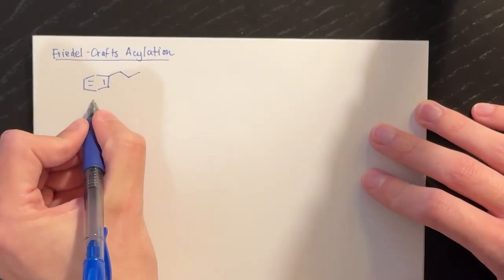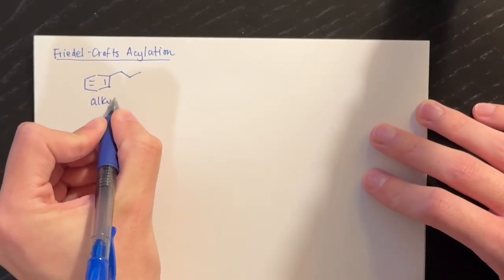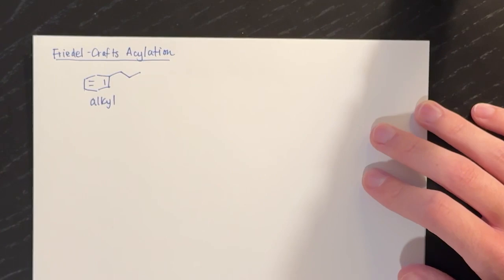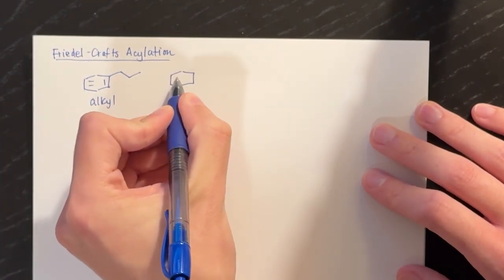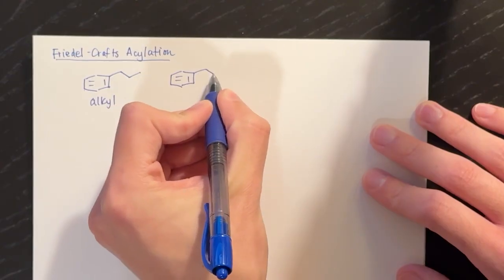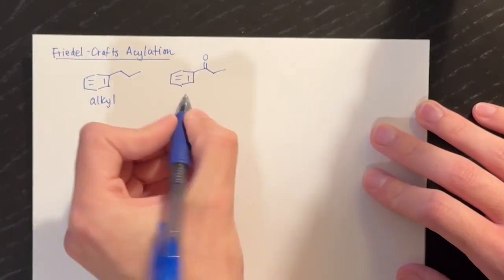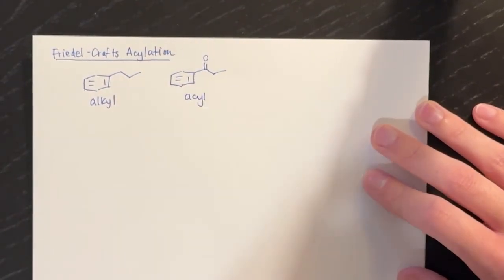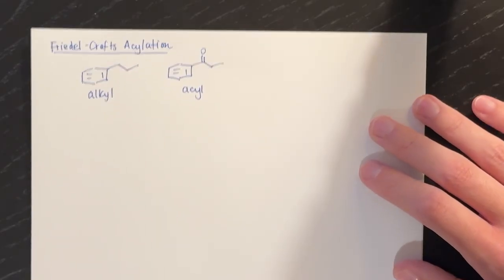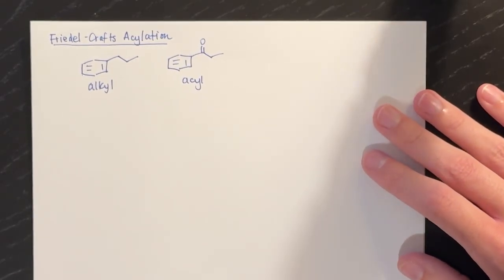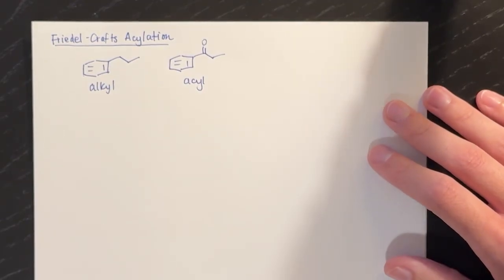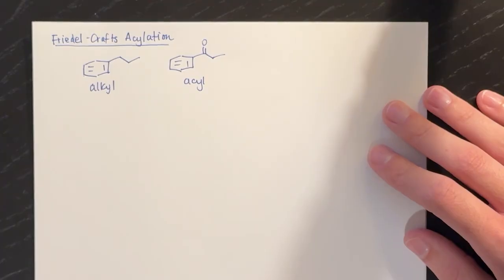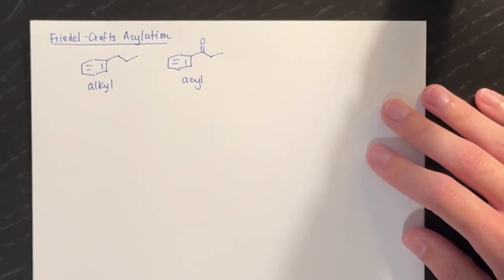That is an alkyl group, just carbons. An acyl group has a ketone, or really a carbonyl of any sort, usually a ketone. So make sure you have that distinction down pat, because this is actually going to affect the products of the reaction.